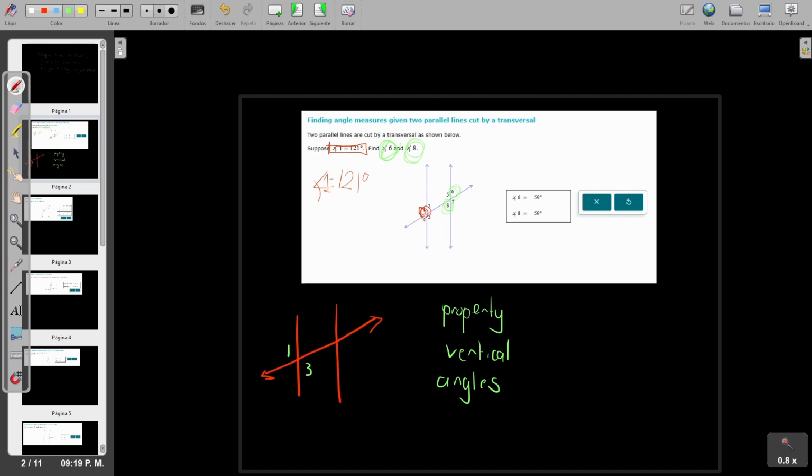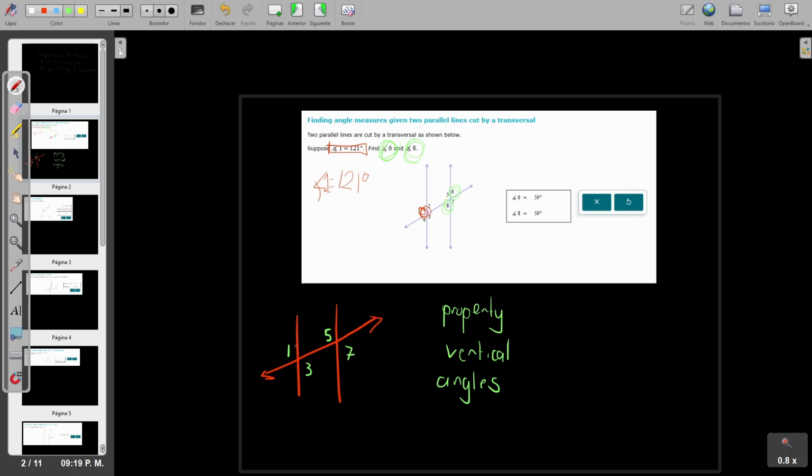we have seen that this property is repeated in some problems involving triangles. So remember this logic again. Number 5 and number 6, these angles are going to be the same. Also, number 5 and number 7. Why?